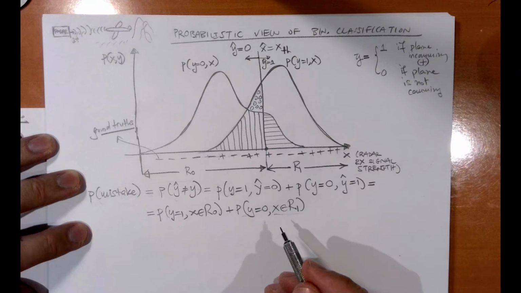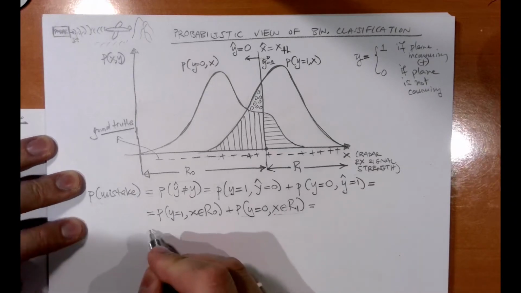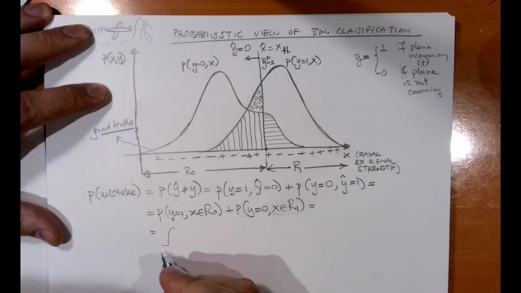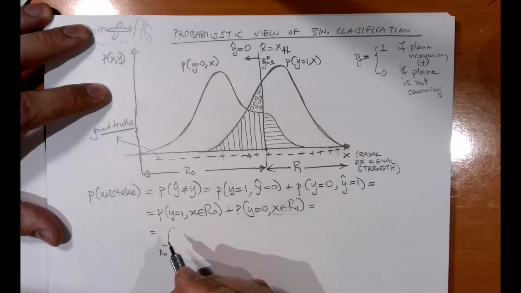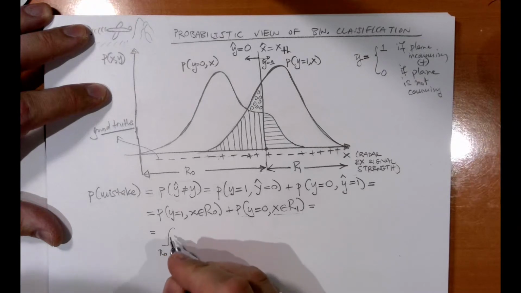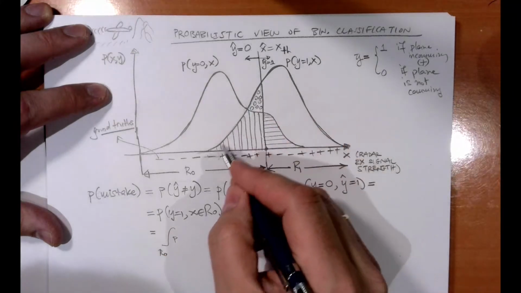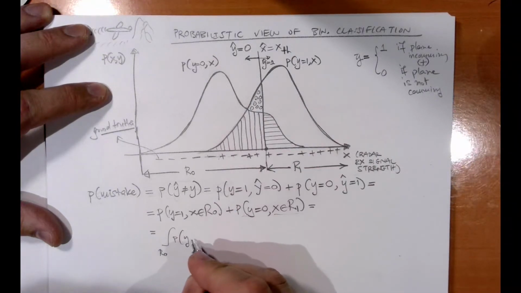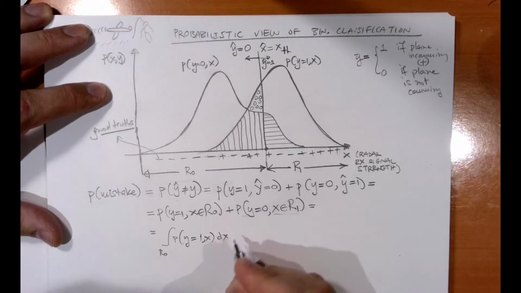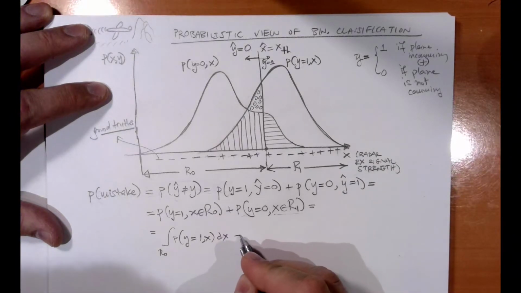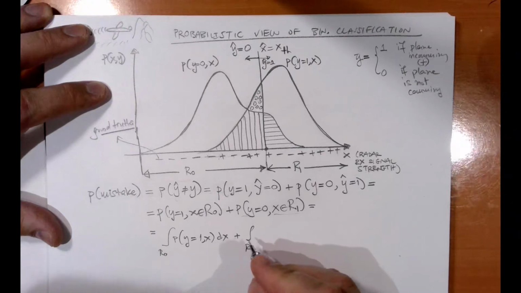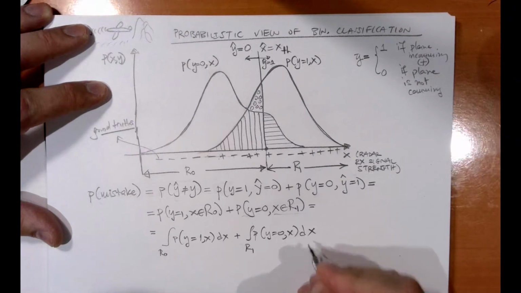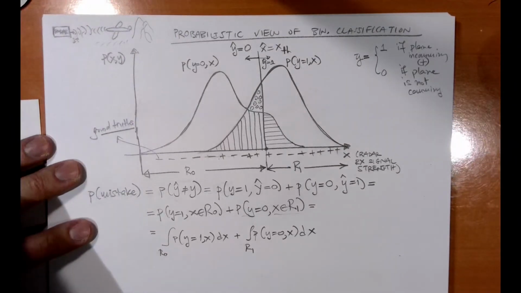Now we can write this sum, where each of these terms has the integral over the region R0 of this tail over here, p of y equal to 1 comma x, dx. And this guy over here, we can write as the integral over the region R1 of p of y equal to 0 comma x, dx.